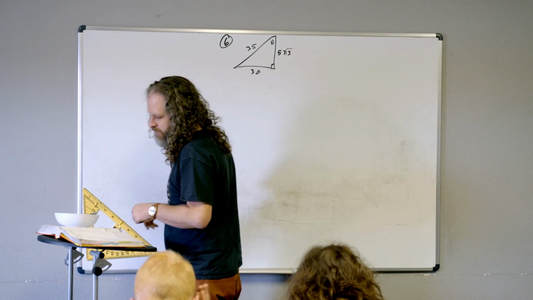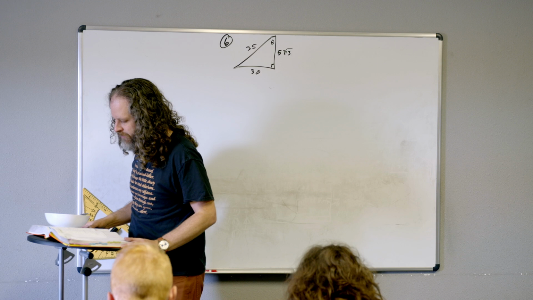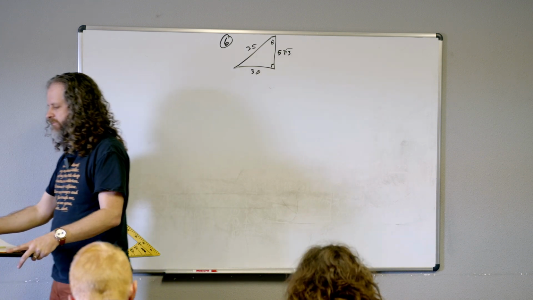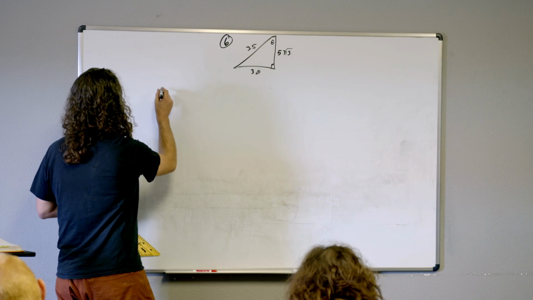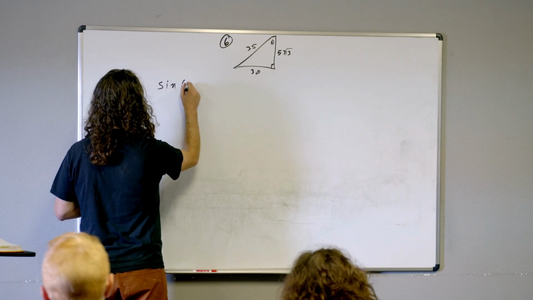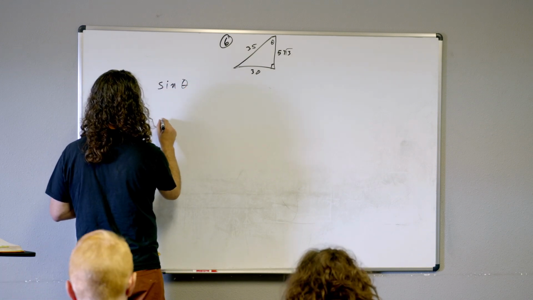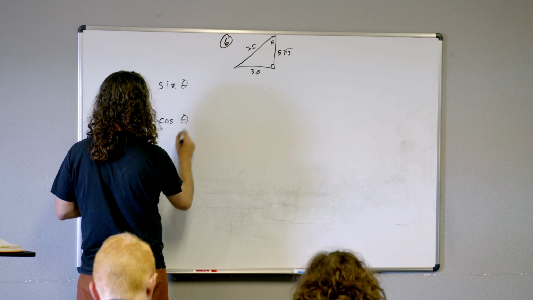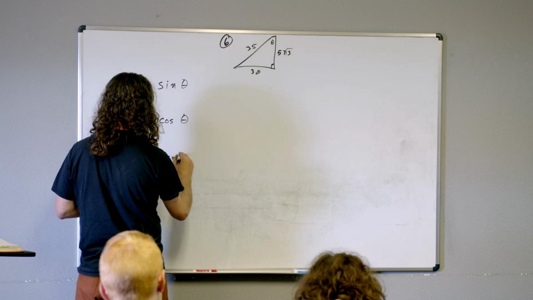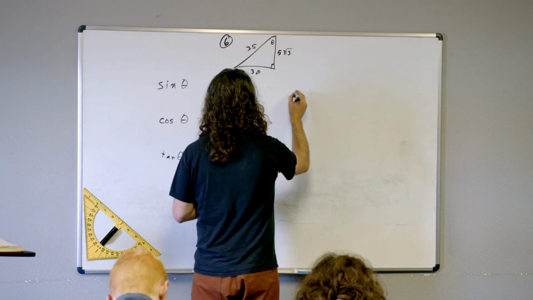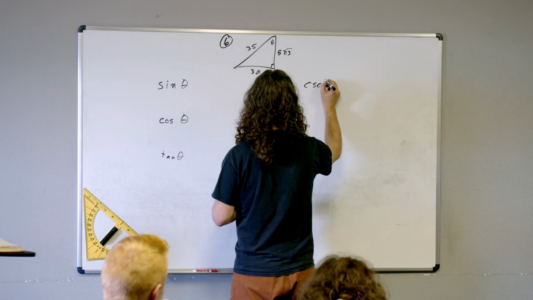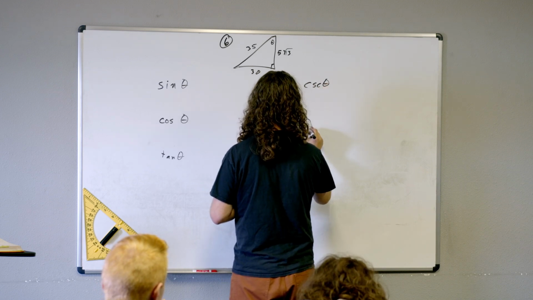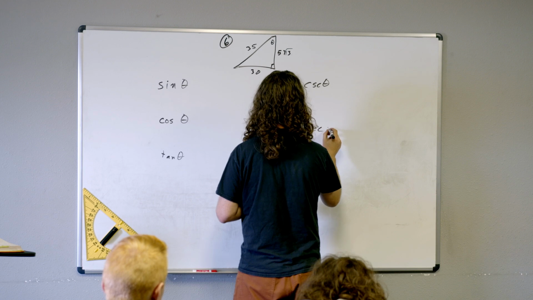Okay, we are supposed to write the exact values for all 6 trig functions. So, sine, cosine, tangent, cosecant. See, I thought this was easy, but I'm doing probably something really stupid and wrong.